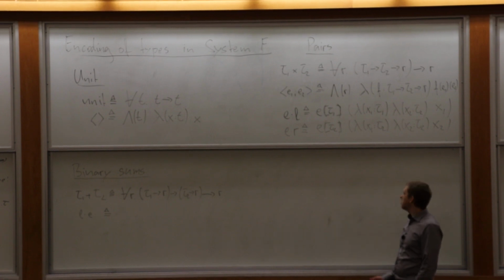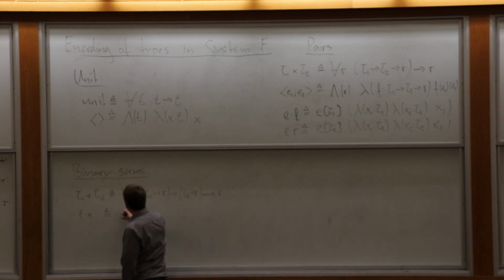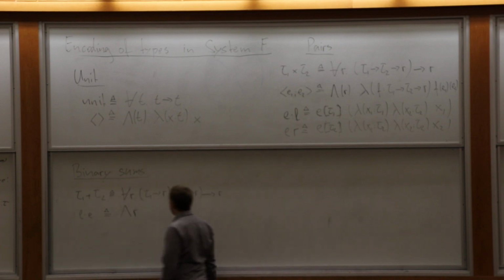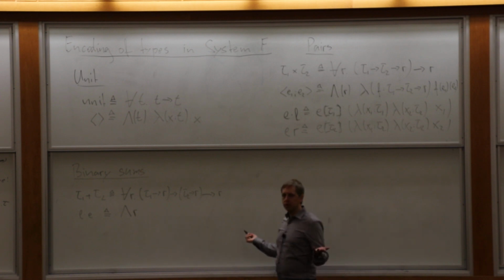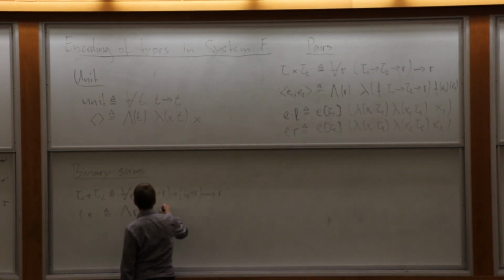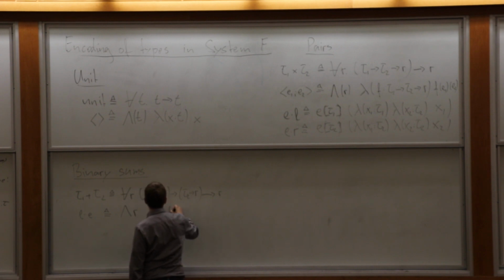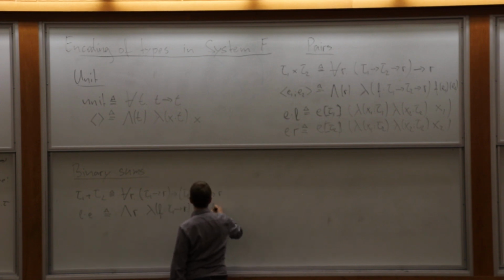Again, we just follow the type structure and we can't go wrong. So we have to start with the abstraction, okay? And then we have a couple of lambdas, so there's no choice even. What can we do? So we have F1 and F2.